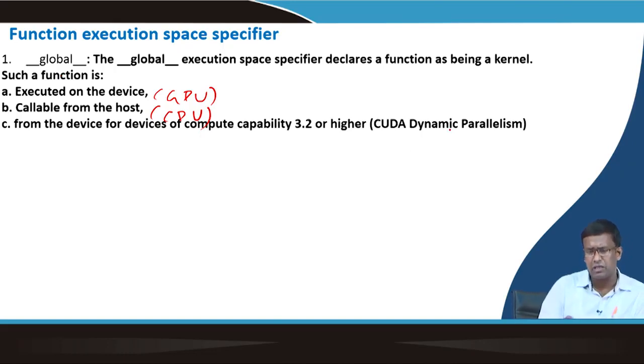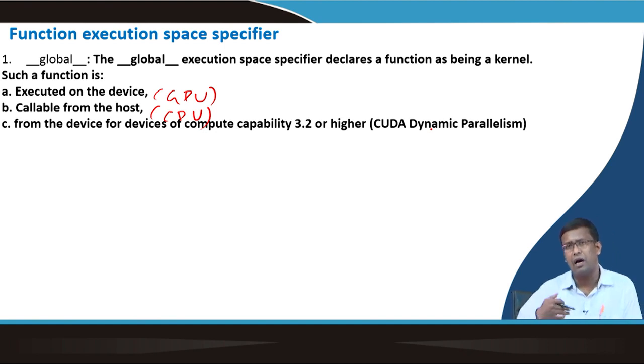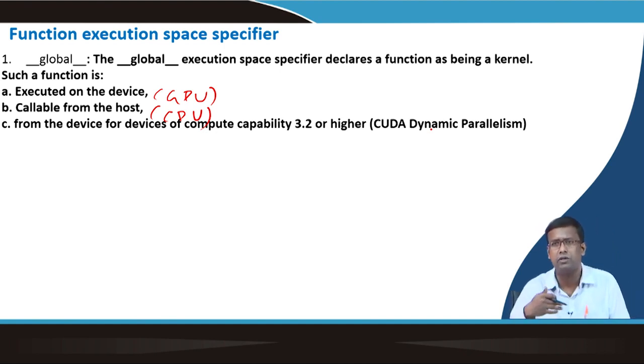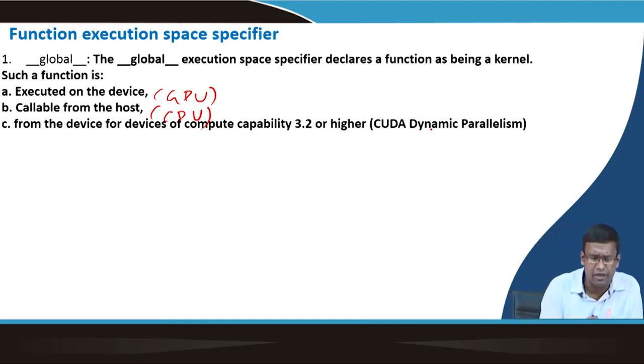Also, in some cases when you do dynamic parallelism, that means CUDA threads are further calling the next set of CUDA threads. One GPU is calling another GPU, or one GPU is asking some jobs to be executed again in the GPU as a function. For compute capability greater than 3.2, we can use device to device calls also.